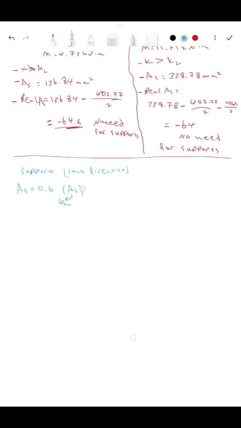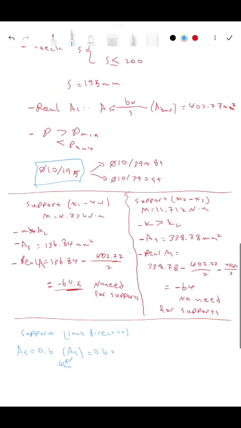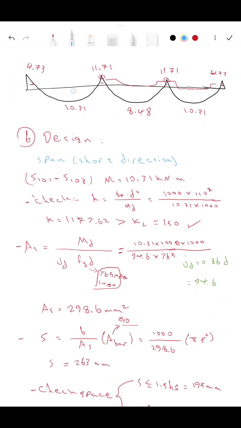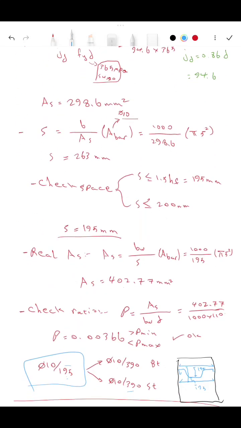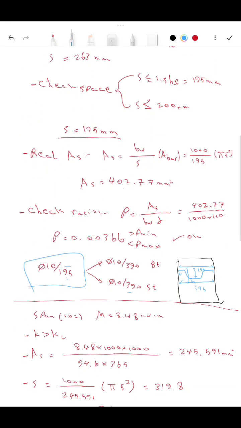We calculate it once, because all the spans have the same area of steel, and we will apply it to all of the supports.